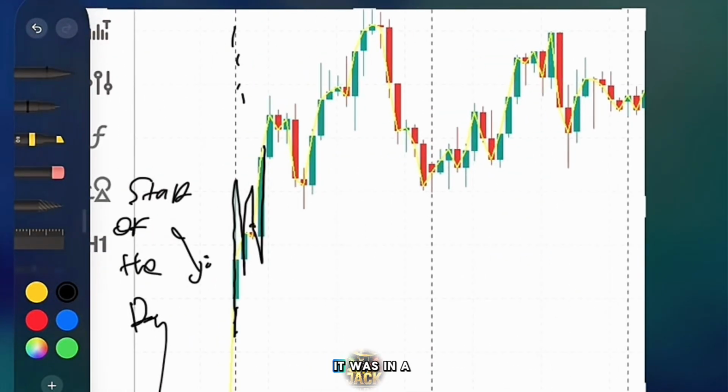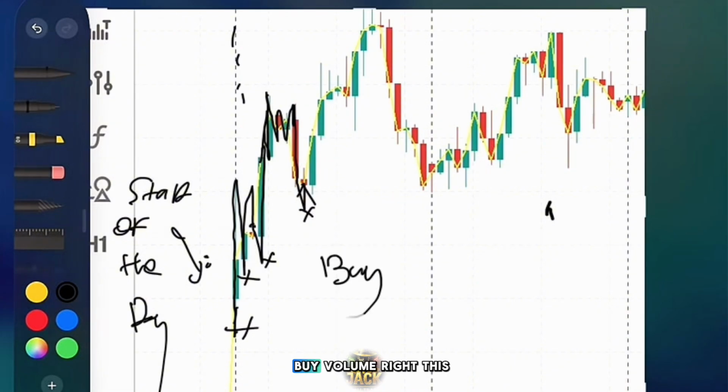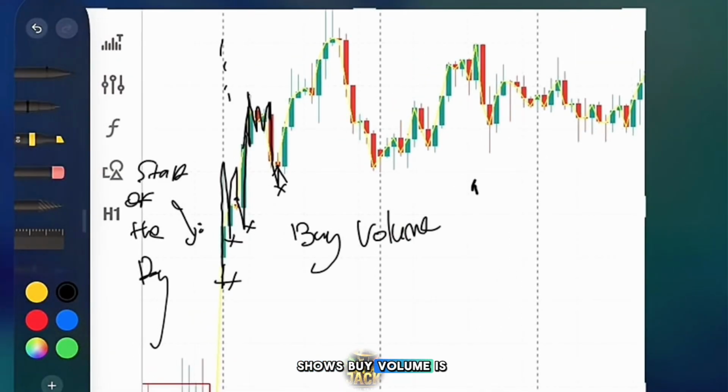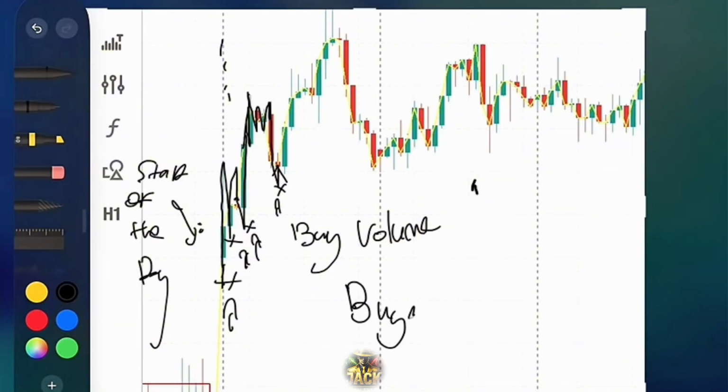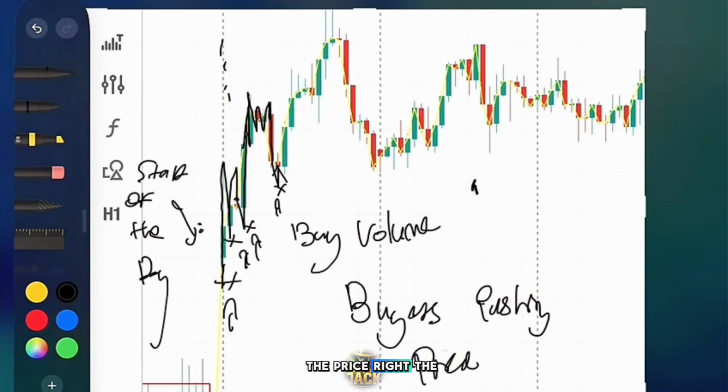It was in a bullish move until this part. It rejected the bullish move, and then another rejection here, which indicates buy volume. This shows buy volume is present, where the buyers are pushing the price up.